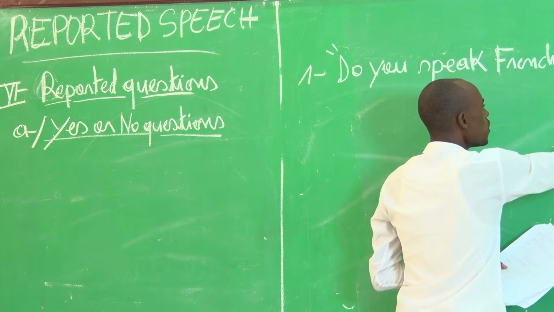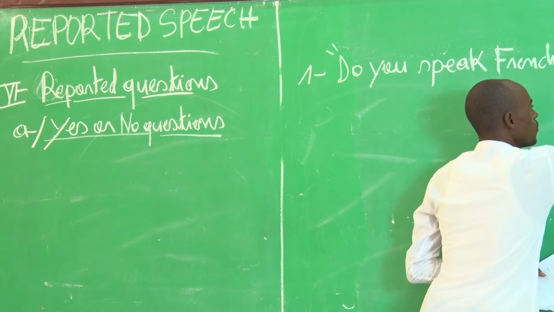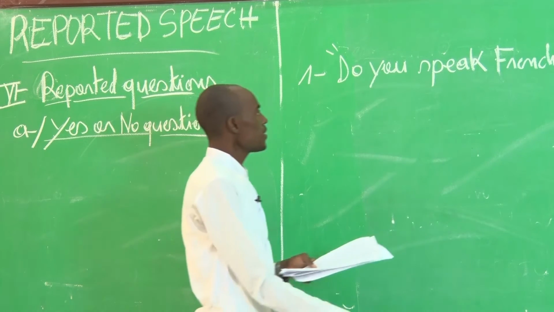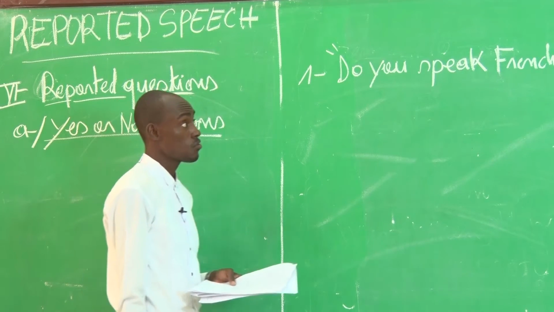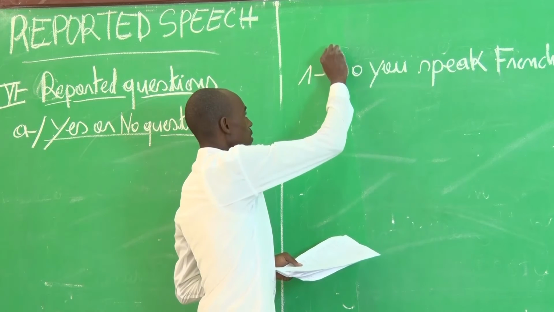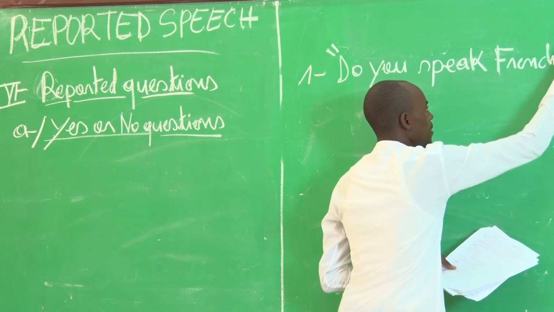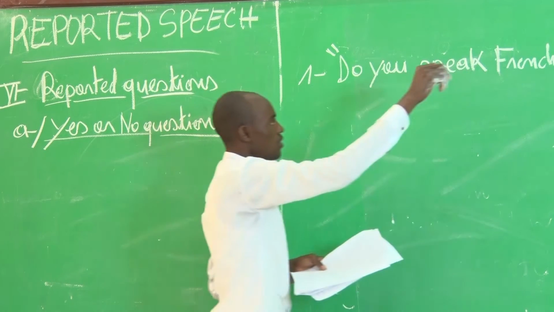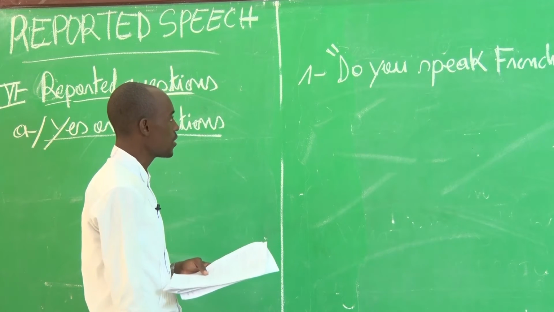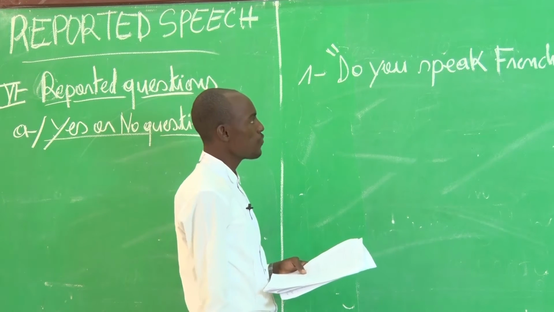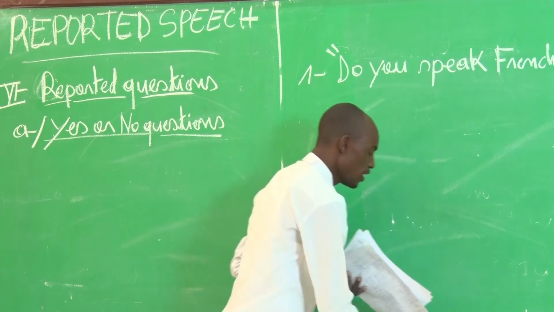John asked. Okay, this speech is in direct speech, because we can see inverted commas here. Yes, inverted commas. "Do you speak French?" John asked. Good.